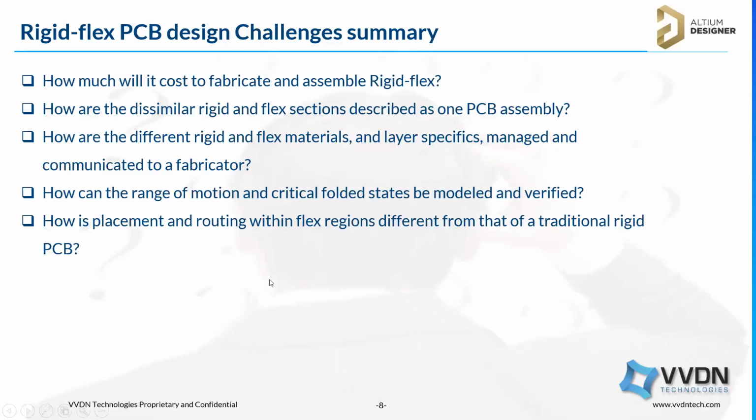Then how about different rigid and flex materials? For rigid and flex materials that are different, we can use different substrate or dielectric materials. Then layer specification and everything we can manage in Altium Designer. And how can the range of motion and critical folded states be modeled and verified? Both can be verified and we can check.